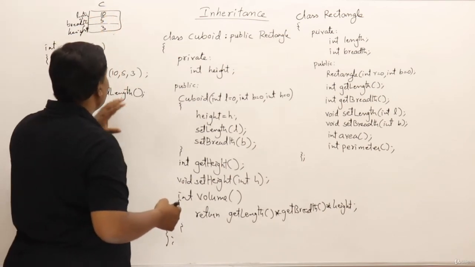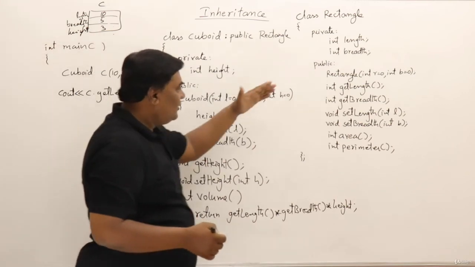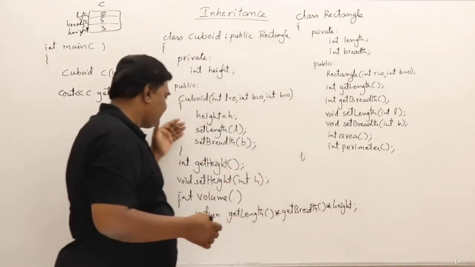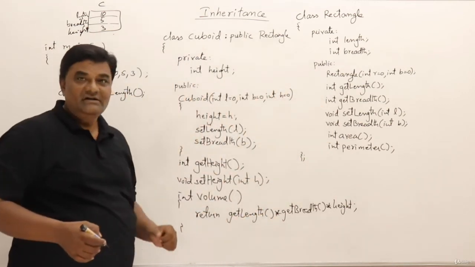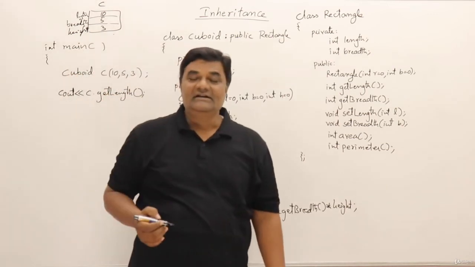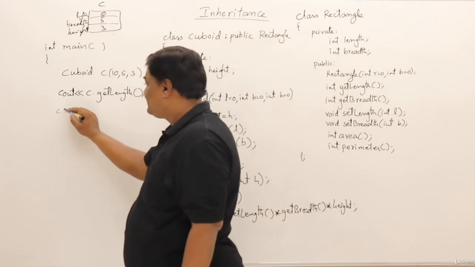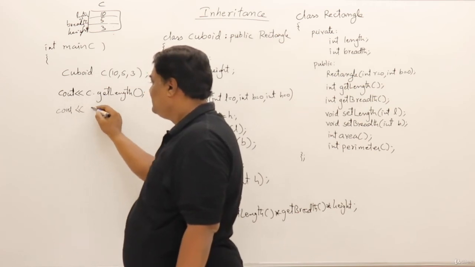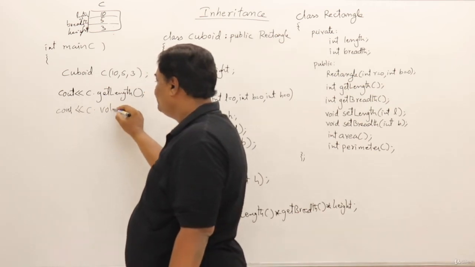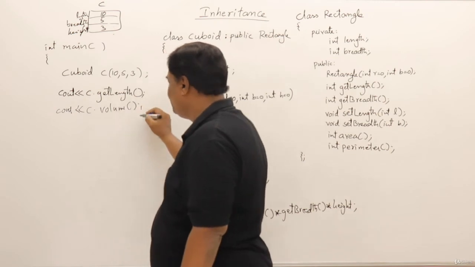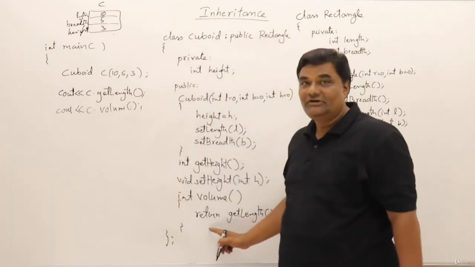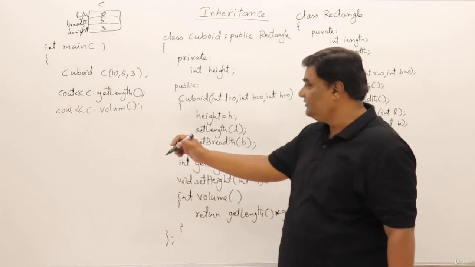These 3 members are there. And what about the functions? All these functions plus these functions. Everything is available there in that cuboid class. Now, can I call more methods? Can I say cout c dot volume? Yes. Which function will be called now? This function will be called. Volume function will be called and it will display volume.